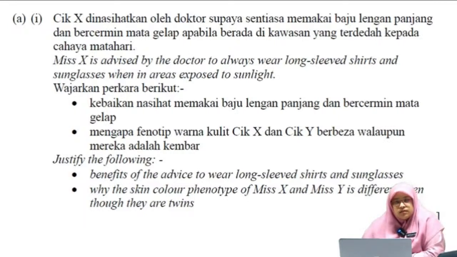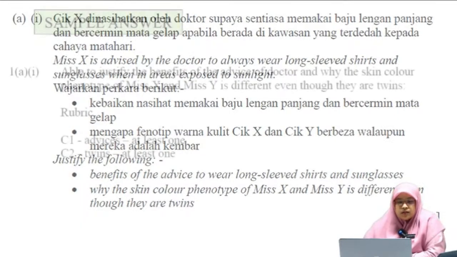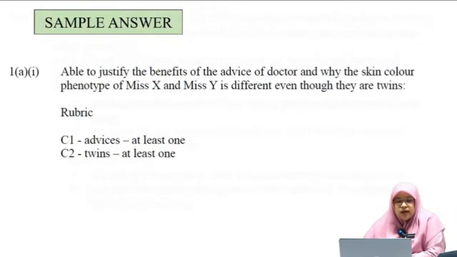If the question says justify, you need to write down the pros and cons of your opinion, either a positive opinion or a negative opinion based on the question. For this question, you need to write down the positive opinion. So in the sample answer, you have to be able to justify the benefit of the doctor's advice and why the skin color phenotype of Miss X and Miss Y is different even though they are twins.